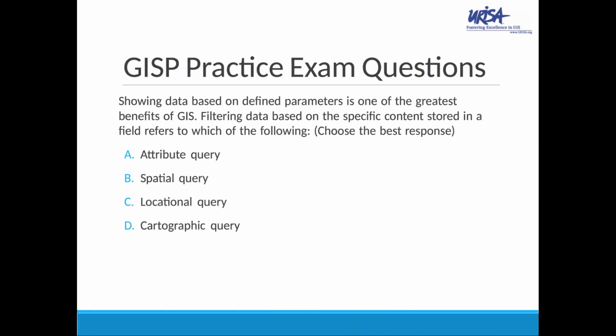So the only thing left would be the attribute query, whereas spatial would be related to the geometry, location. I don't find good use of this term in any source I can find, but it seems to relate to some sort of gazetteer relationship. And cartographic query, I have no idea what they mean there.